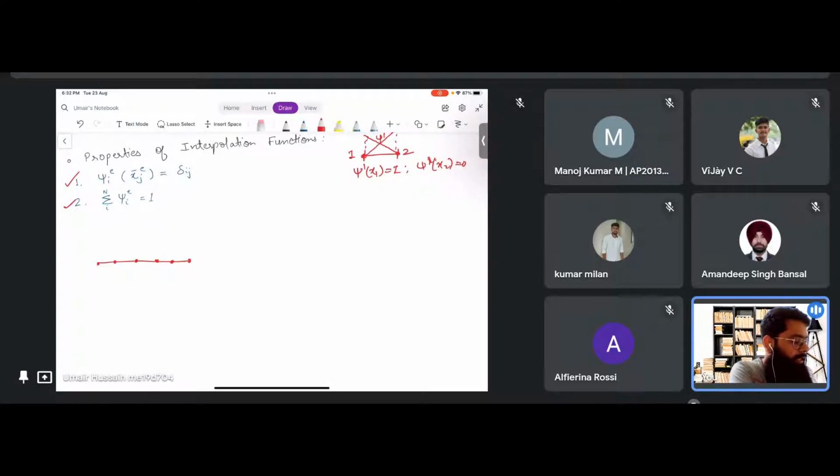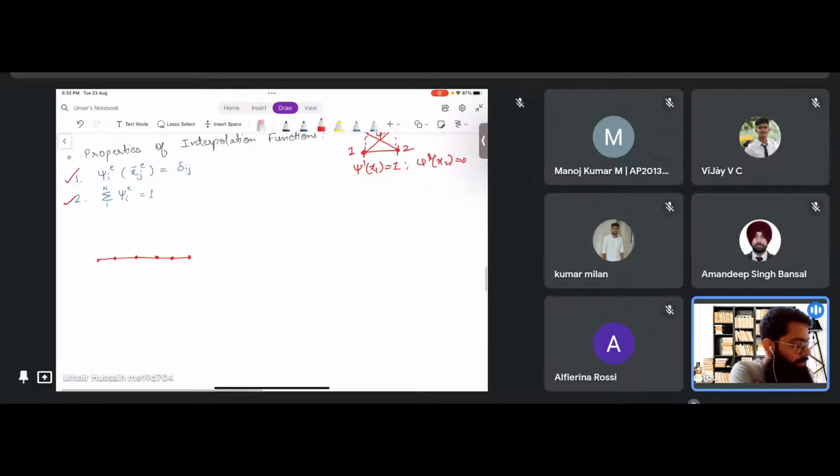So suppose we take linear elements only. We have five elements here, so we have five plus one, six nodes. And if we consider one element, we have only two nodes.